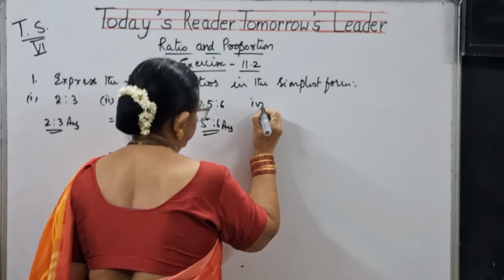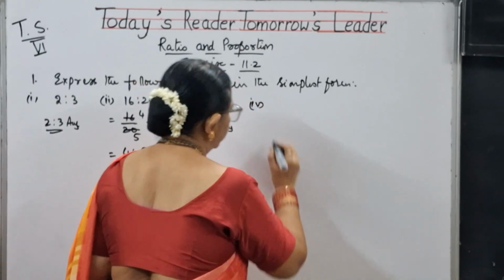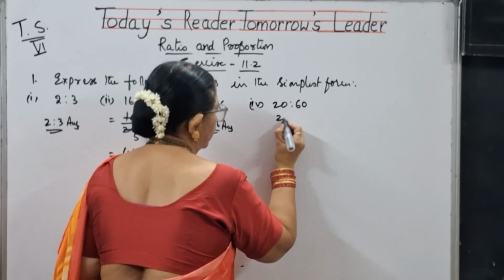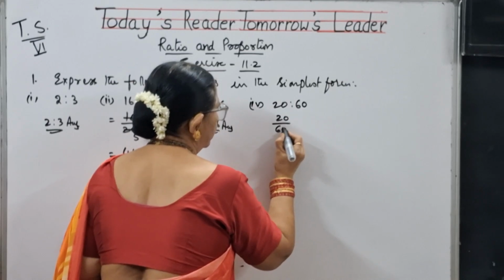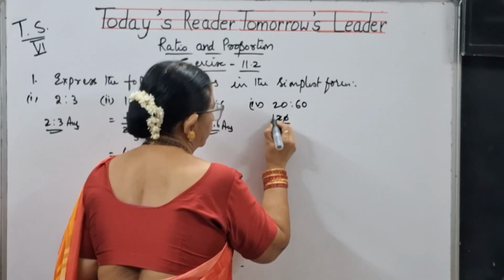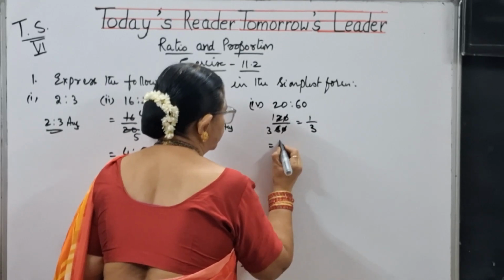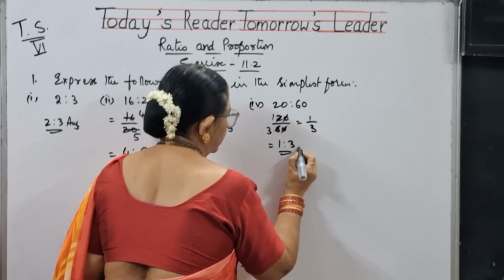Next, fourth bit, 20:60. You can write it as 20/60. 0, 0 will get cancelled. 2 ones are 2, 2 threes are 6, so you are getting 1/3. So 1:3 is the answer.